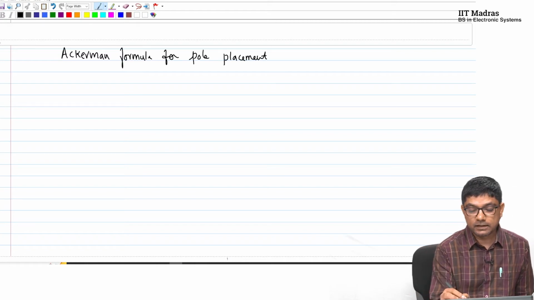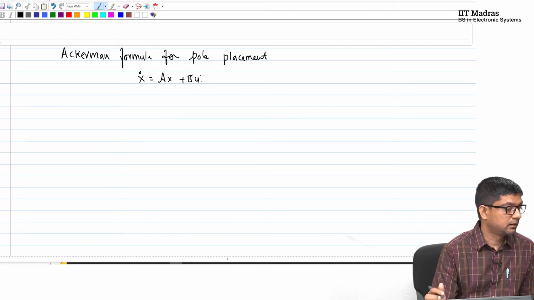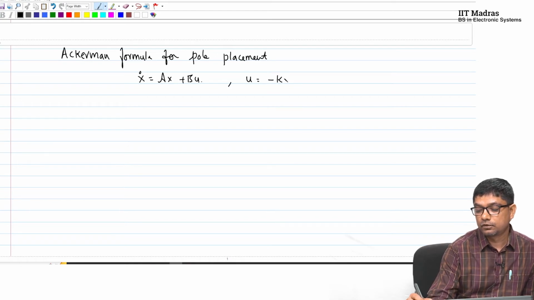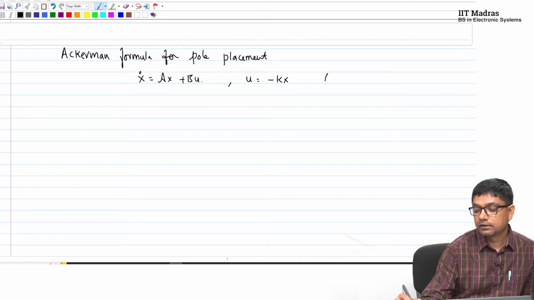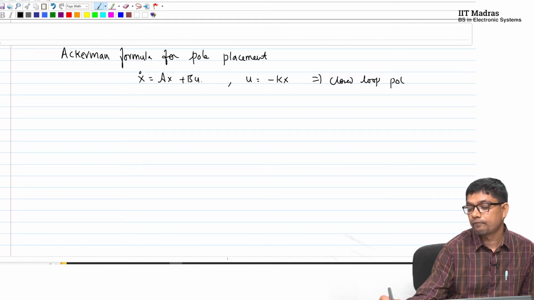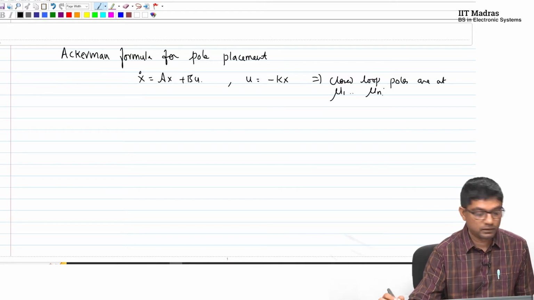Okay, so what does this say? I start with a system x dot is Ax plus b times u, and I want to design u equal to minus Kx such that the closed loop poles are at mu 1 till mu n.